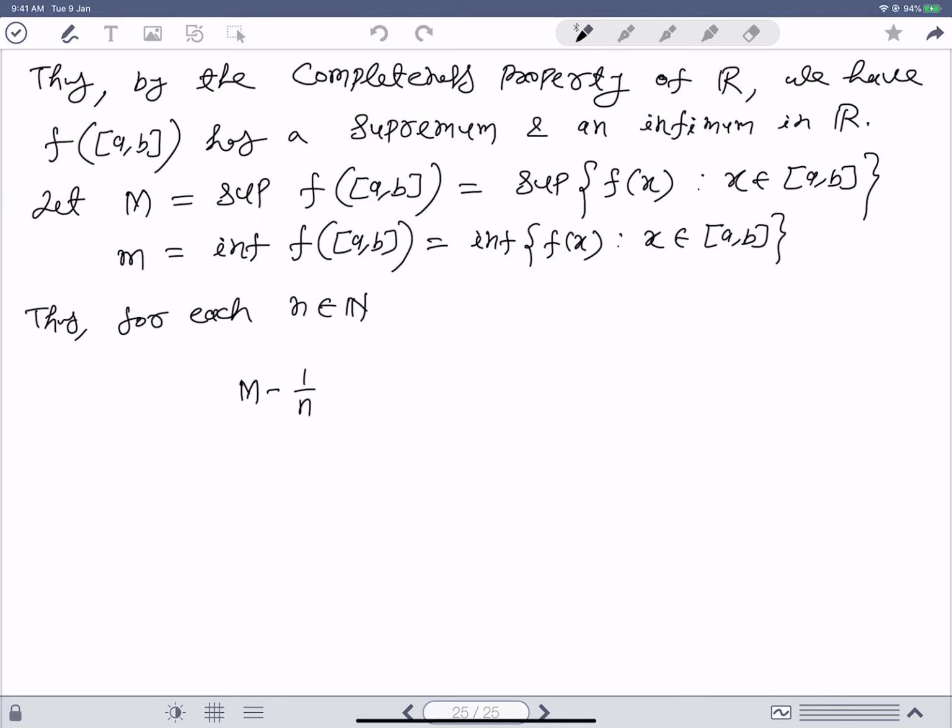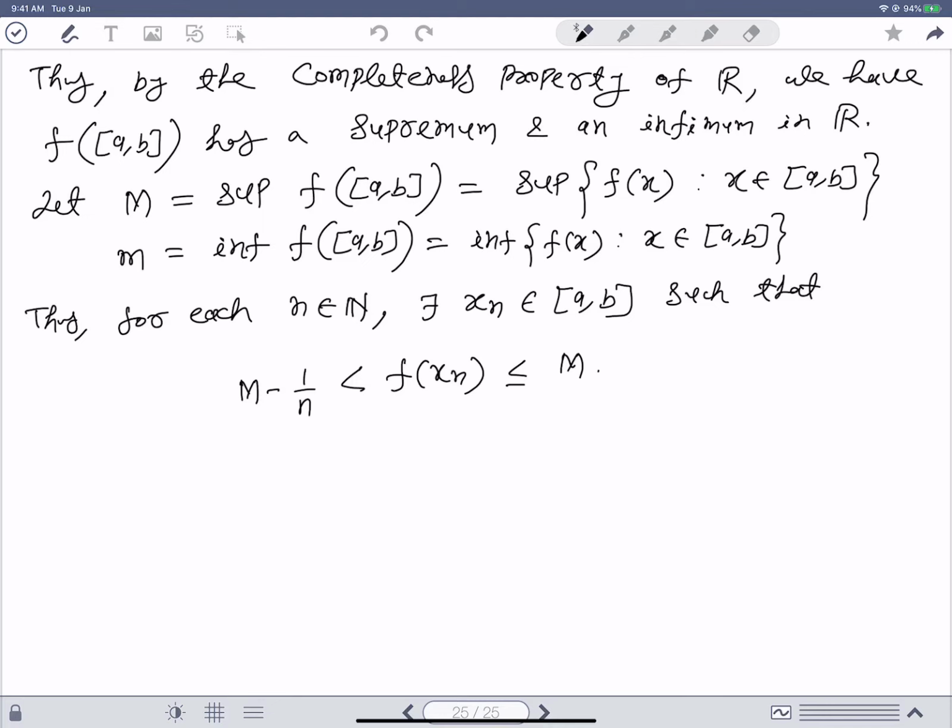So that means for each n there exists an element, say x_n, belonging to the set [a,b] such that M minus 1/n is strictly less than f(x_n), which is less than or equal to M, right? Since M is the supremum, M minus 1/n is strictly less than M, so this is not an upper bound.